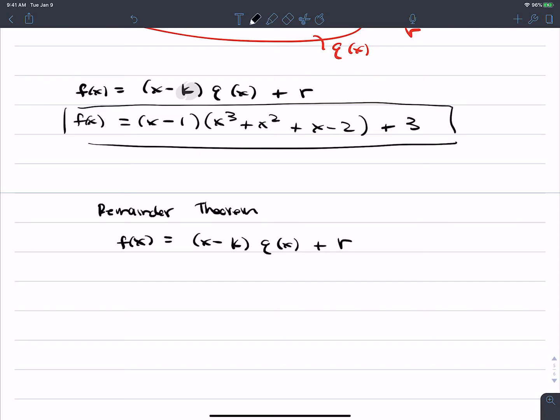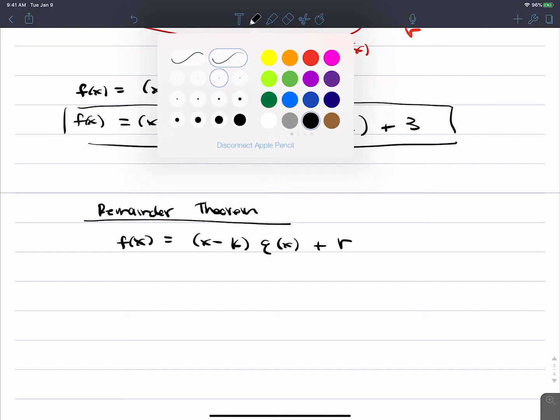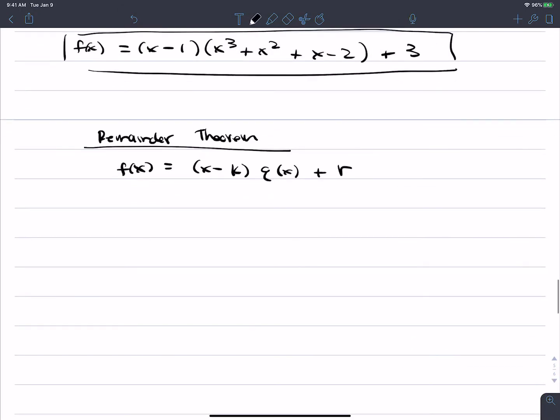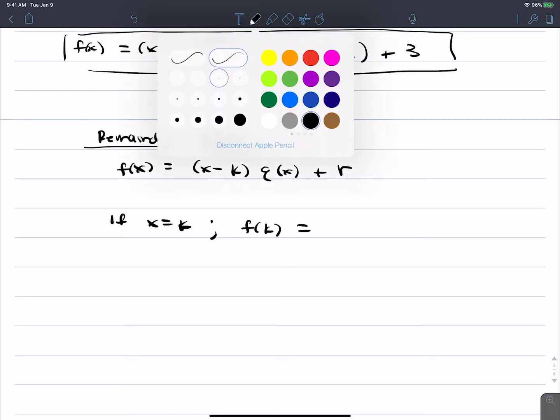Let's remember this remainder theorem because we're going to use this for the next set of problems. What we said in the remainder theorem was the following. If x equals k, then f of k will be, let's plug in k here.